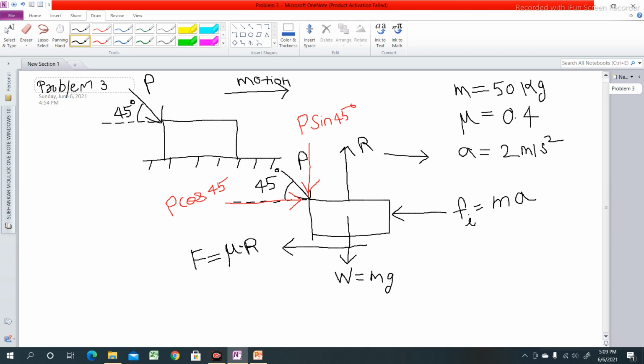Summation Fx equal to 0 is what? Taking the summation of all the forces acting along x-axis, and summation Fy equal to 0 is what? Taking the summation of all the forces acting along y-axis and then making it equal to 0. So let us write down summation Fx is equal to 0.